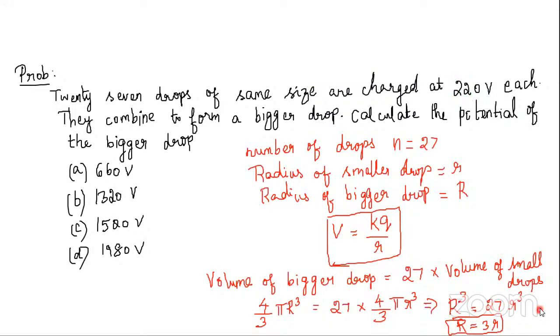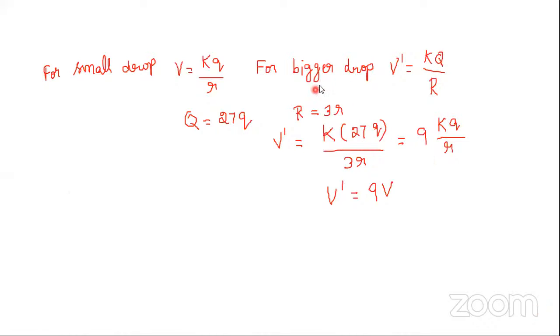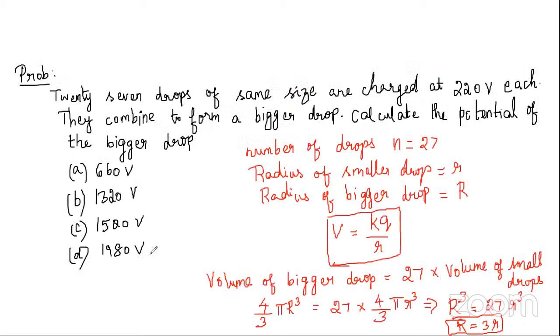Using that concept, here 9 into 220. This will be 1980. So in the question, 1980 volt is option D.